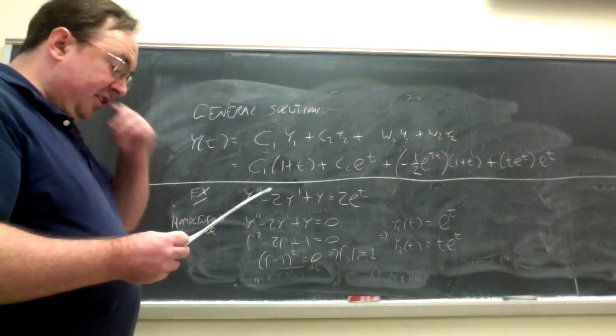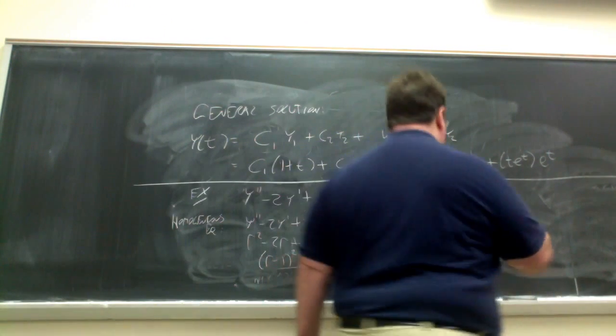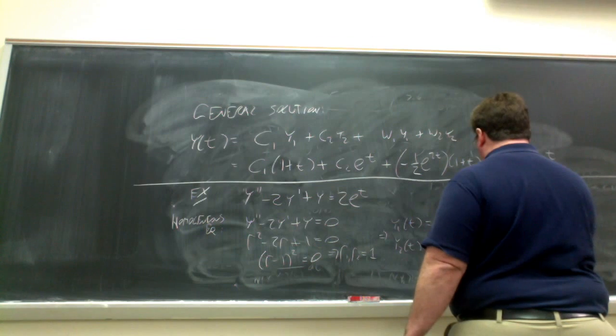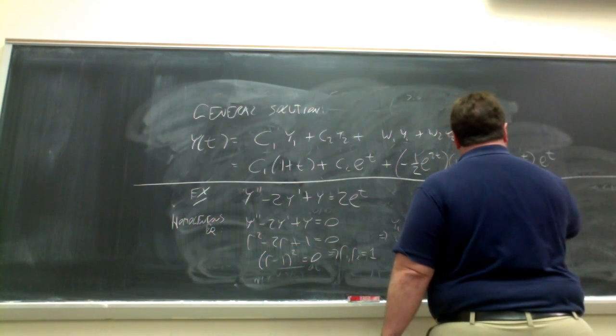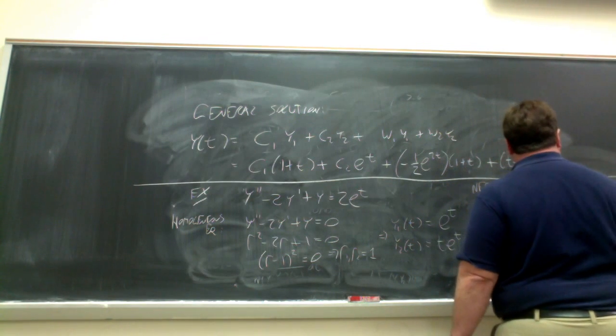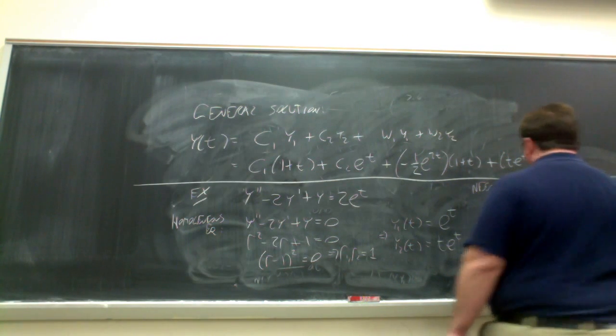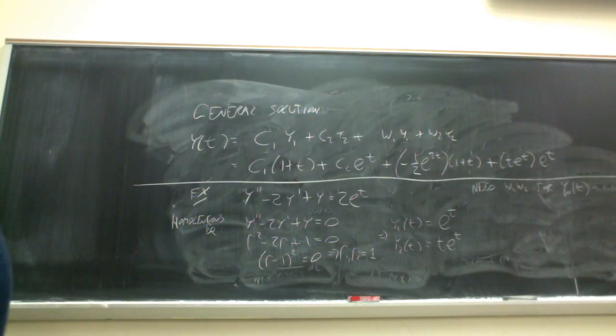Okay. So next we need the w1 and w2 for a particular solution, yp of t. So based on what I've shown you so far, what's the next thing we should do?